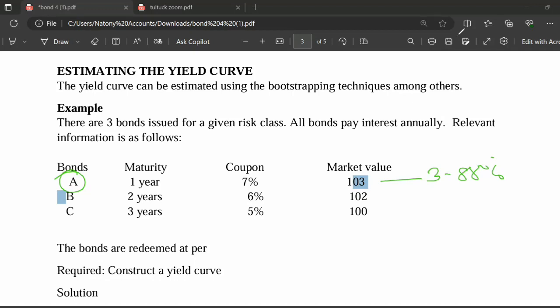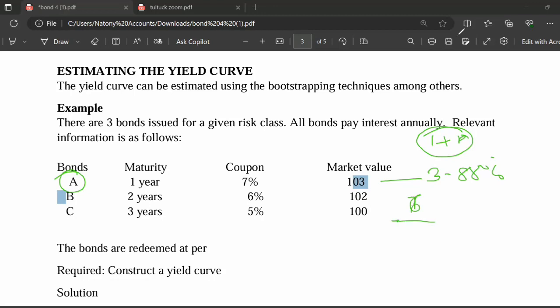So for the 1-year bond, the investor will receive interest and principal at the end of year 1, and this cash flow will be discounted at 3.88%. For the investor that has a 2-year bond, in the first year, the investor will receive interest of 6%, which is 6 naira.